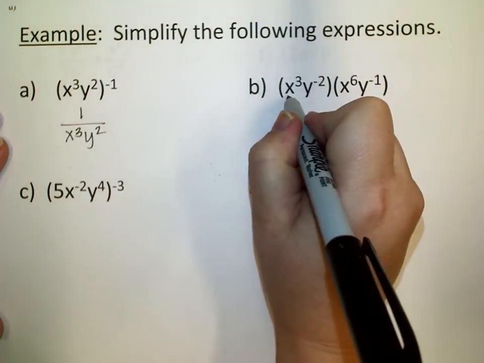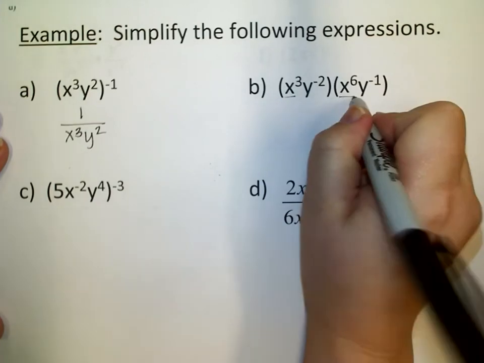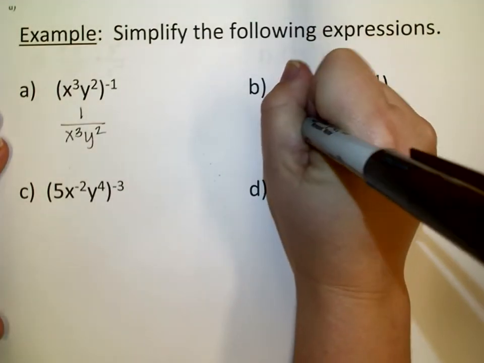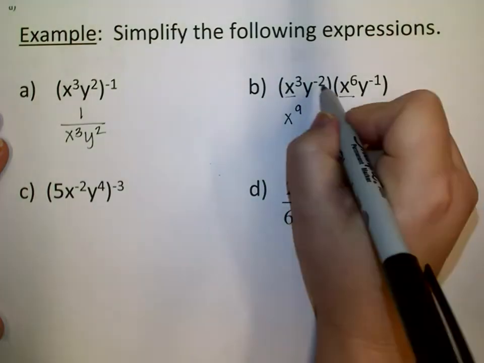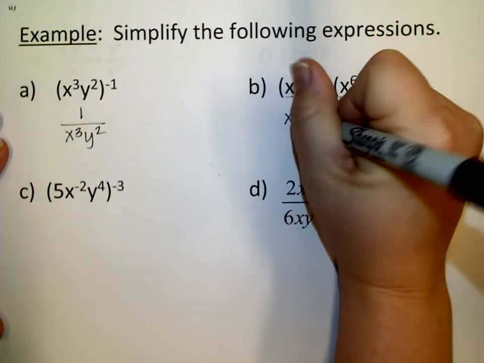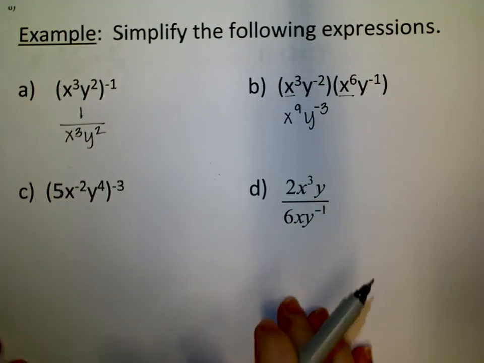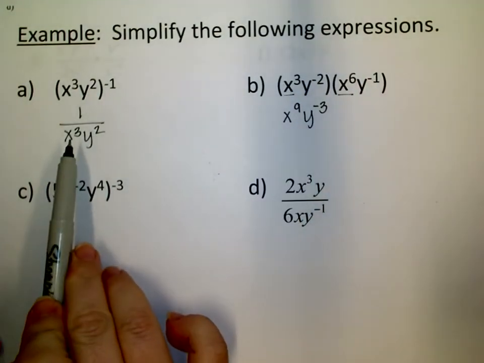For example B, remember I can only multiply x's with x's and y's with y's. Since we're multiplying, we're going to add the exponents. So I would get x to the ninth, and then negative 2 plus negative 1 would give me y to the negative third. Now here's where you have to be careful, because this one is different from the previous example.